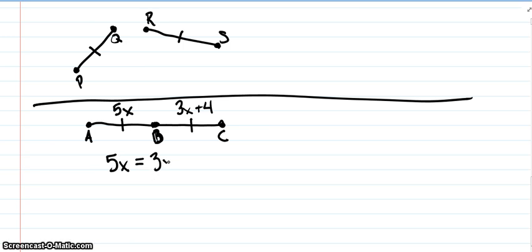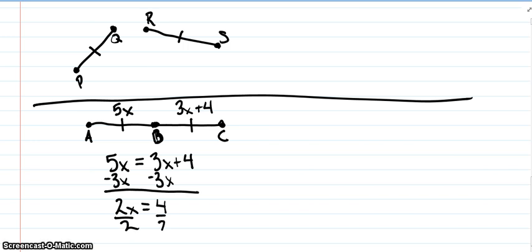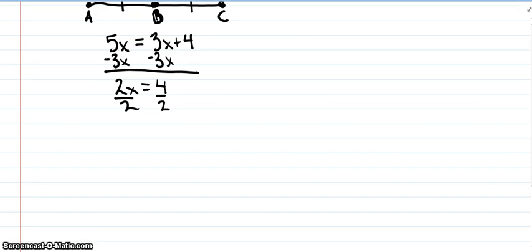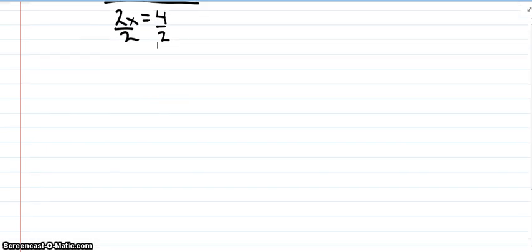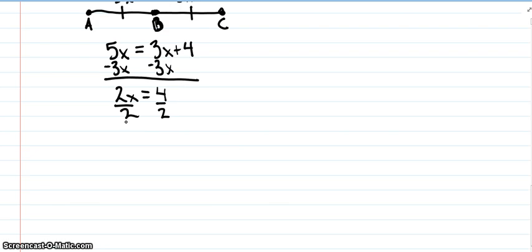So 5x equals 3x plus 4. Subtract 3x from both sides. We'll get 2x equals 4. Divide by 2, divide by 2. And x will equal 2.